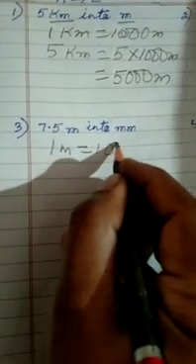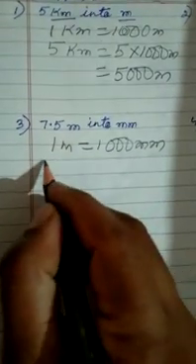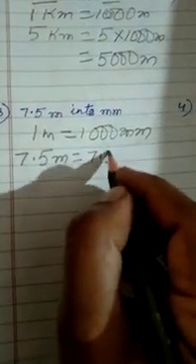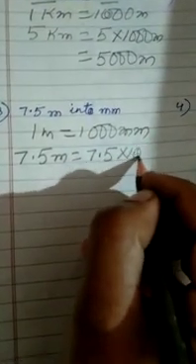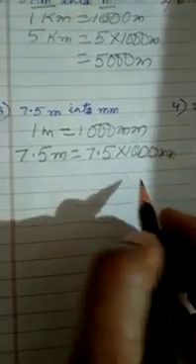So we'll write here that 1 meter is equal to 1000 millimeter. Now we will write 7.5 meter is equal to 7.5 into 1000 millimeter. Don't forget to write the unit in which we are converting.